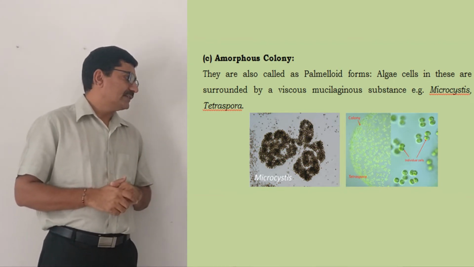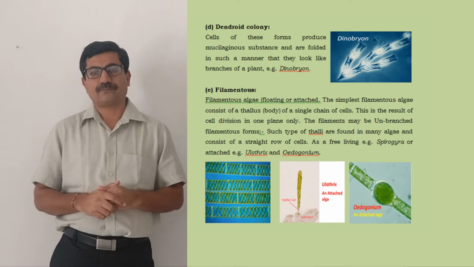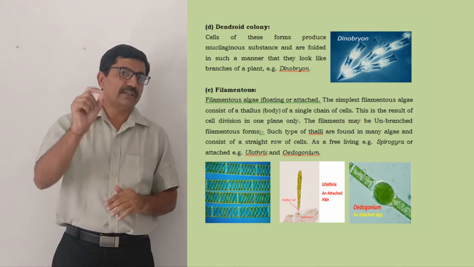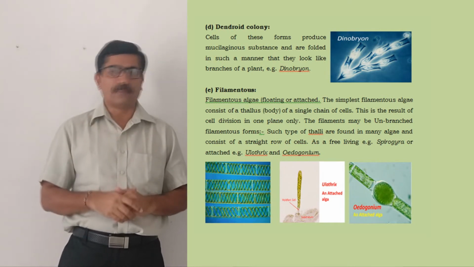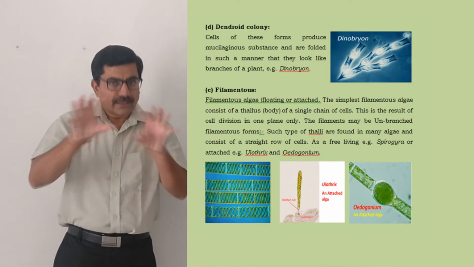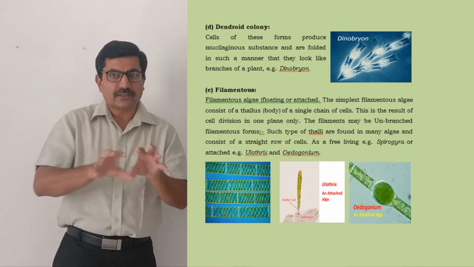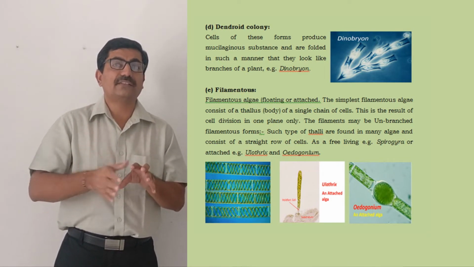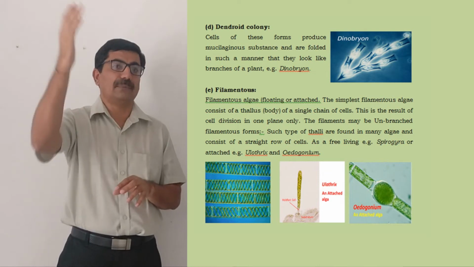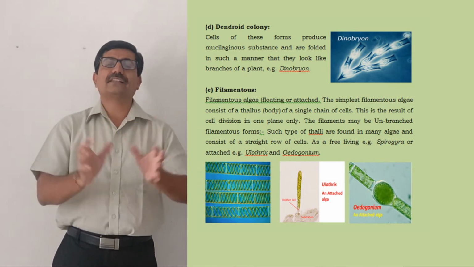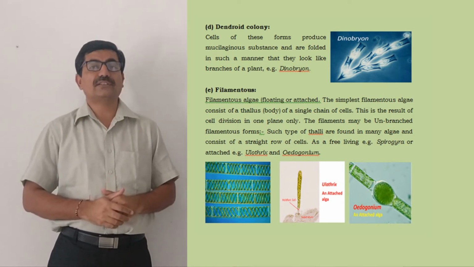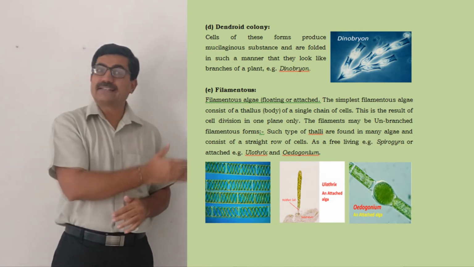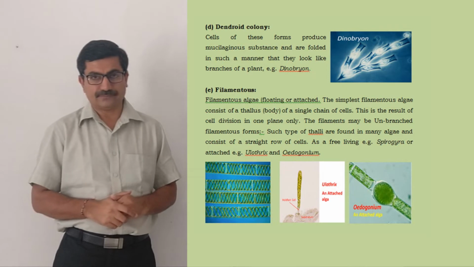Then next, dendroid and filamentous. Dendroid is again mucilaginous, but here the mucilage differs from the amorphous. The mucilage covers the thallus and it feels like the thallus is branched, just like higher plants. But actually it is the shape of the mucilage that looks like a branch. And second is the filamentous.